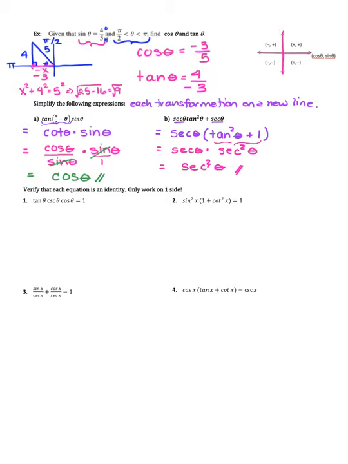If you actually do verifying an identity, that means you are going to only work on one side, usually the more complex side, and you keep going until you get what was on the other side. So you already know what the answer is, you're just showing how to get to that answer. That's the idea behind these.